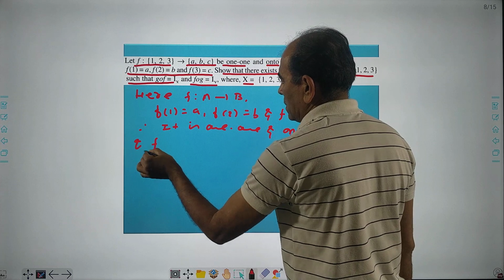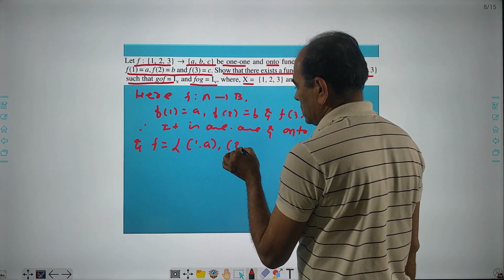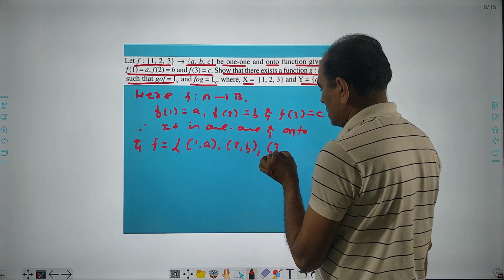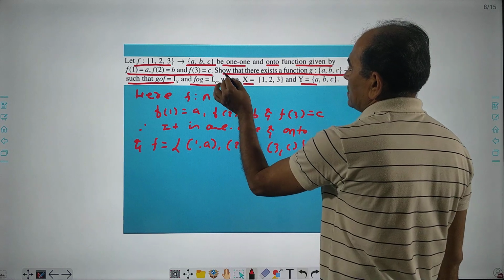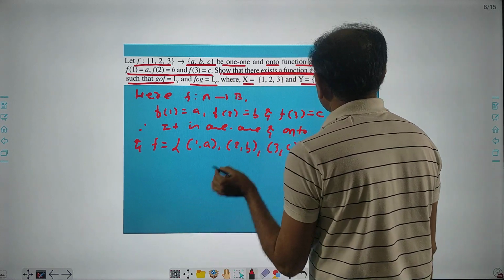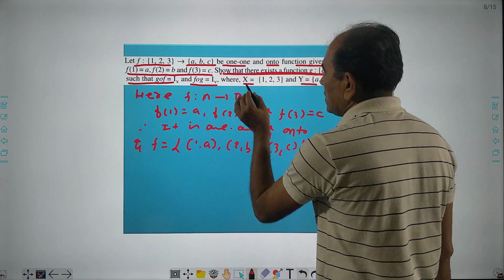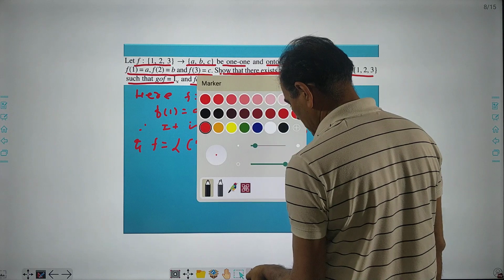And f is given as 1→a, 2→b, 3→c. Now show that there exists a function g from {a, b, c} to this set. Here X and Y, not A and B.